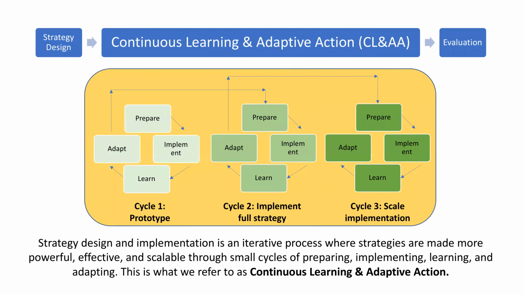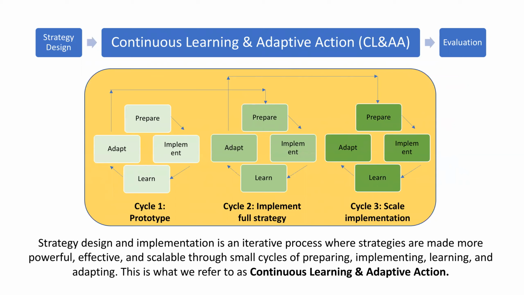So what do we know about strategy design and implementation? We know that strategy design and implementation is an iterative process where strategies are made more powerful, effective, and scalable through small cycles of preparing, implementing, learning, and adapting. This is what we refer to as continuous learning and adaptive action. In the last webinar, we learned that implementation is actually executed through several cycles where we test out and learn how to make strategies more powerful and effective as we go.